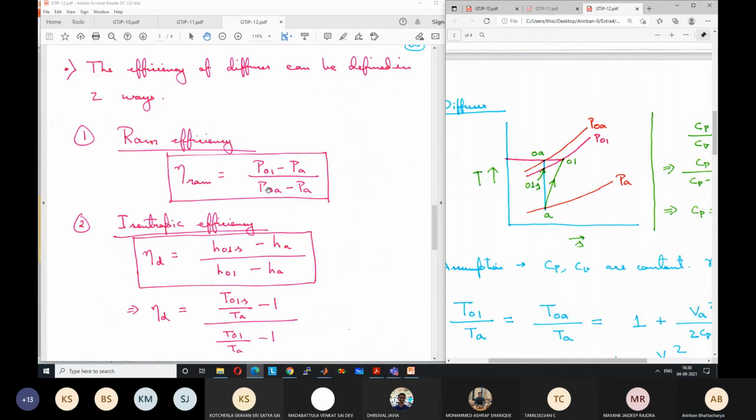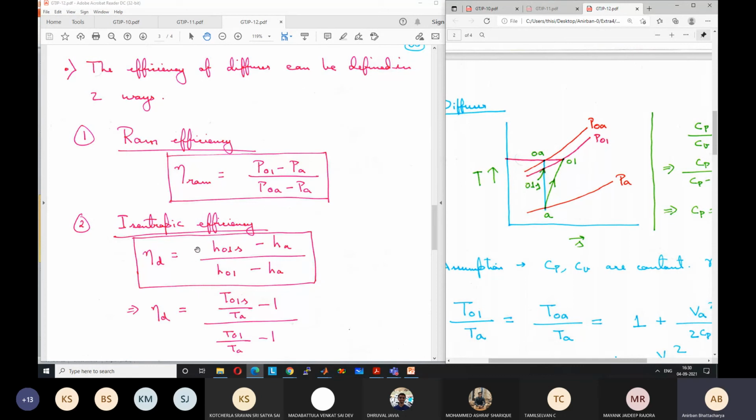There is another efficiency that can be used to describe the losses in the diffuser. This efficiency is known as isentropic efficiency, but it is described in a slightly different way compared to the isentropic efficiency of the compressor. If we extend the constant pressure line, the actual constant pressure line P01, it meets the isentropic line at a point 01s.